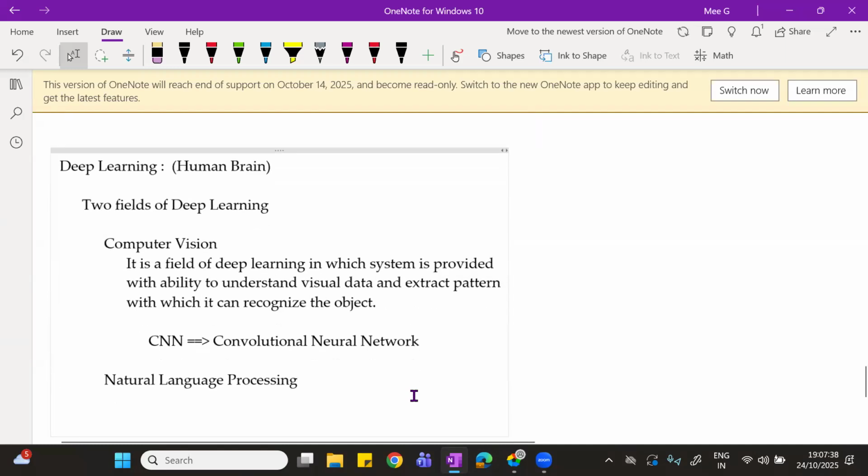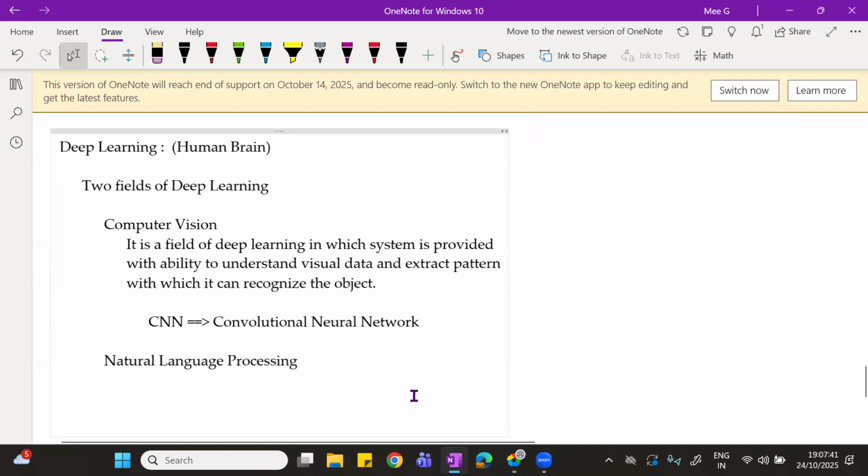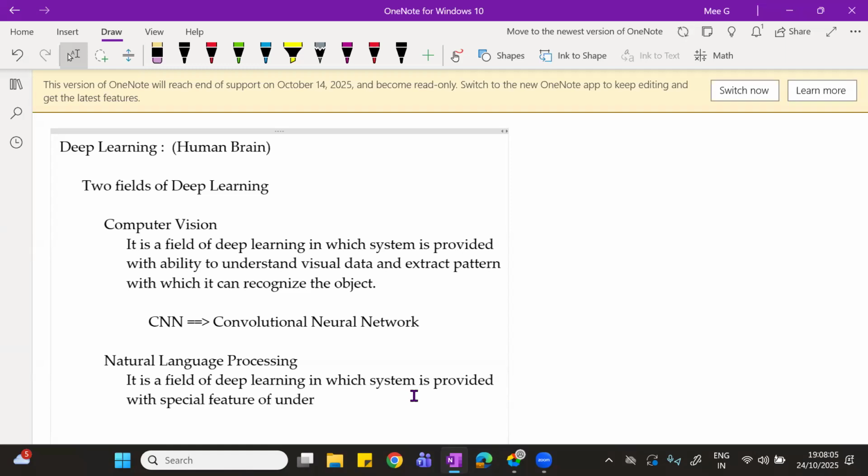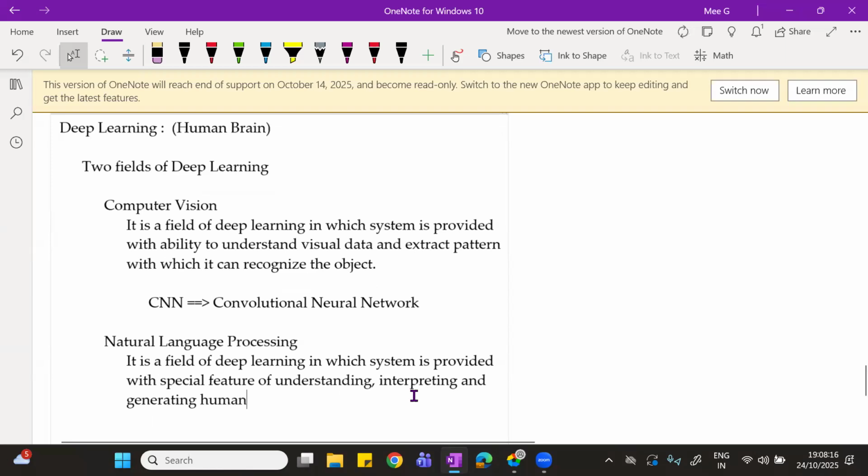And NLP is nothing but a field of deep learning in which the system is provided with the special ability to understand, interpret, and generate human language.